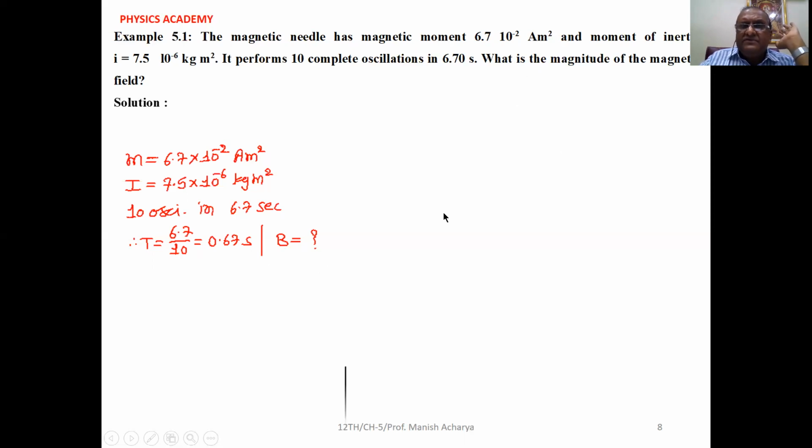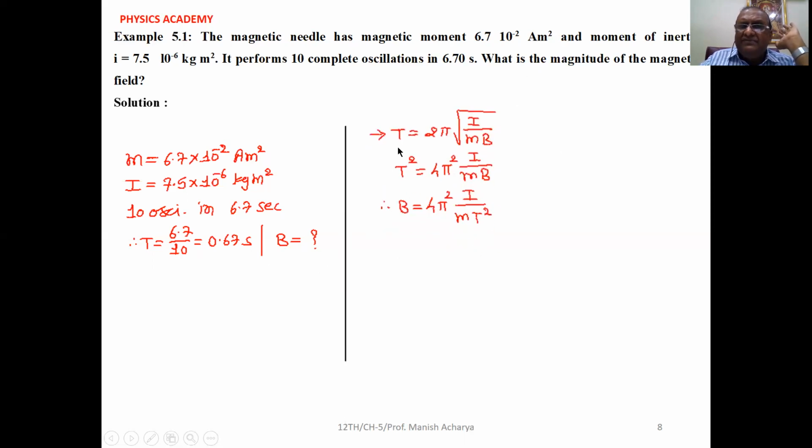Okay. So we have the equation for the periodic time, T equal to 2 pi under root I upon mB. Therefore, T square is 4 pi square I upon mB. Now make B the subject of the equation. So we can write B equal to 4 pi square I upon m T square.